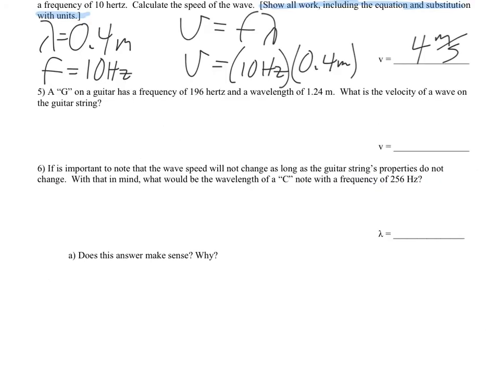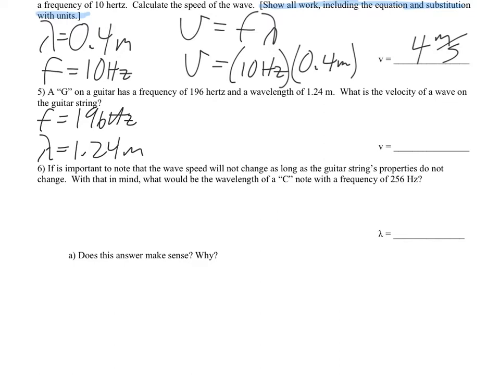The next question says, a G on a guitar has a frequency of 196 hertz and a wavelength of 1.24 meters. So we'll write those two things down. Frequency is 196 hertz, and wavelength is 1.24 meters.